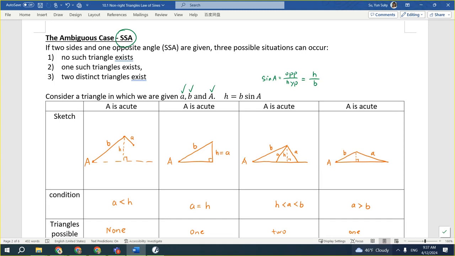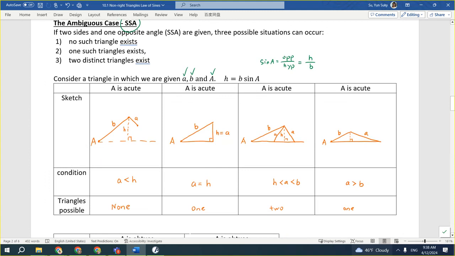So in this case, we only have one triangle. So now you understand why this case is hard? Because you don't have a fixed shape. You don't know which one. It really depends on the relationship between the sides. Then you can draw the picture and figure out how many possible triangles there are.